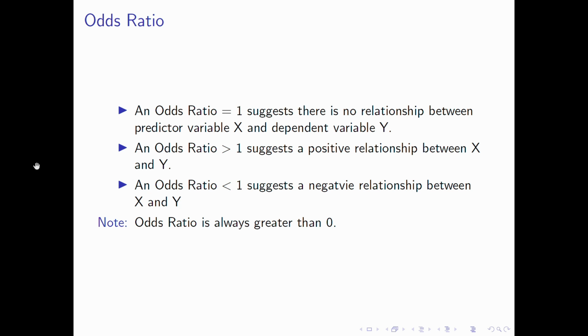But an odds ratio greater than 1 suggests a positive relationship between x and y, meaning the greater that x gets, the higher the chance that y equals 1. Likewise, an odds ratio less than 1 suggests a negative relationship between x and y. And because these are two factors divided by one another, the odds ratio is always greater than 0.